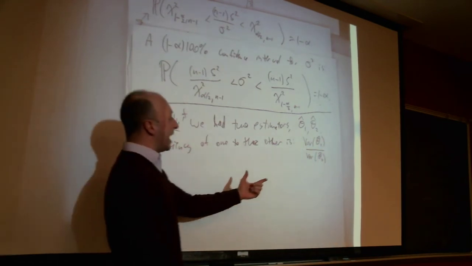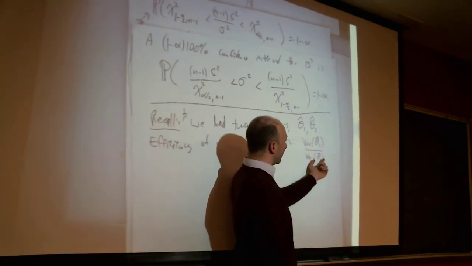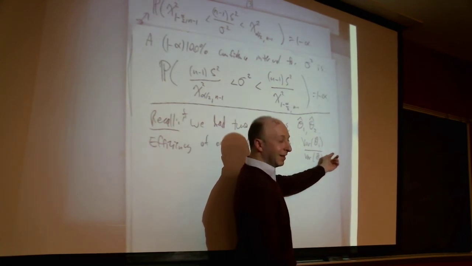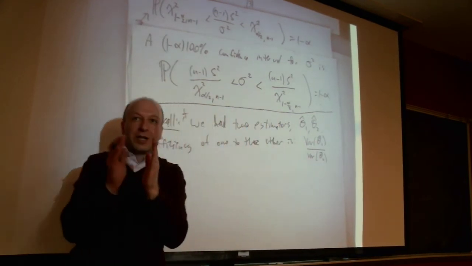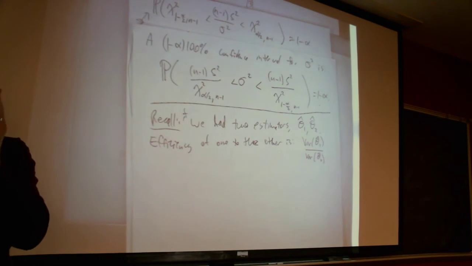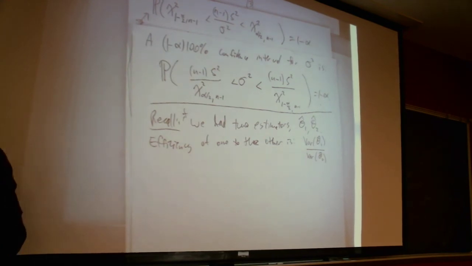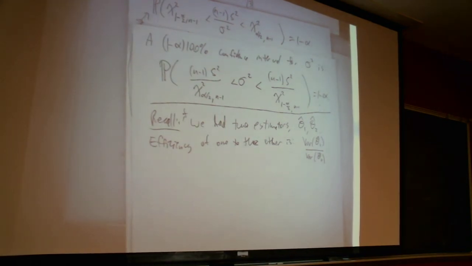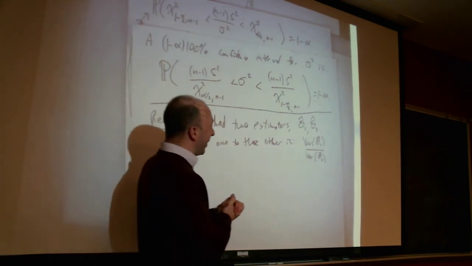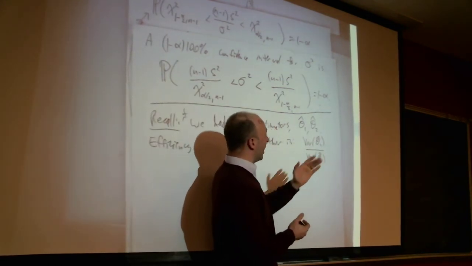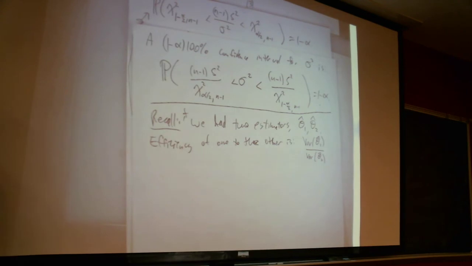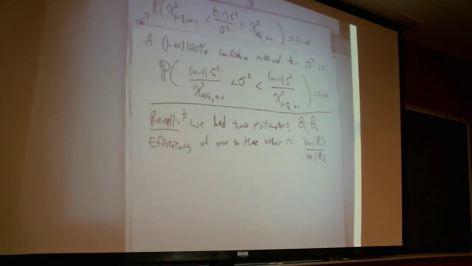And of course, if one has a smaller variance, then this ratio will be less than 1. And the smaller variance is the one that gives you the tighter estimate on the true parameter. Okay, so how would you estimate not just the actual variance, but a ratio of variances?